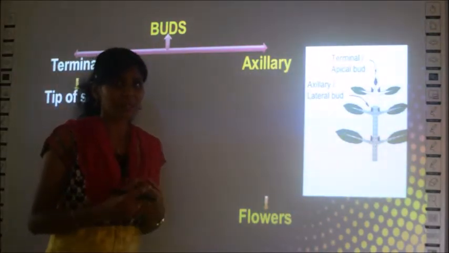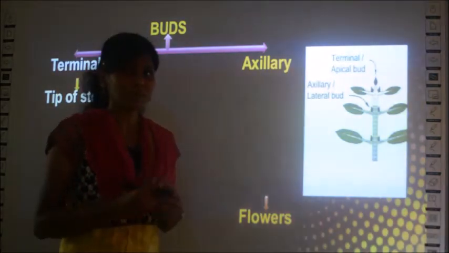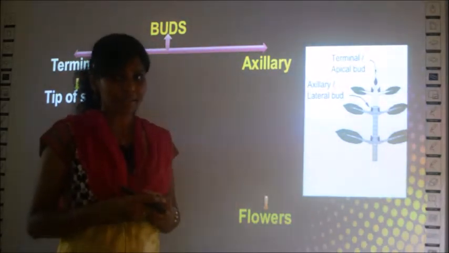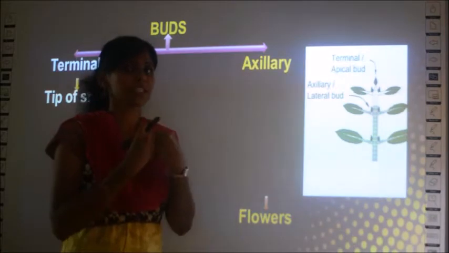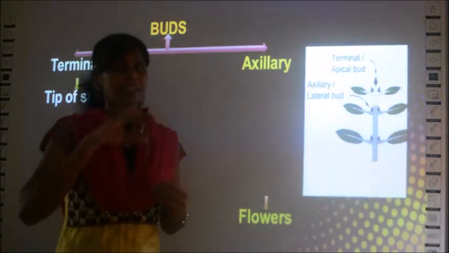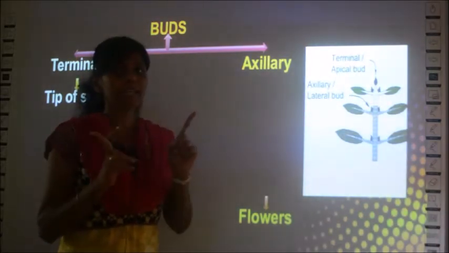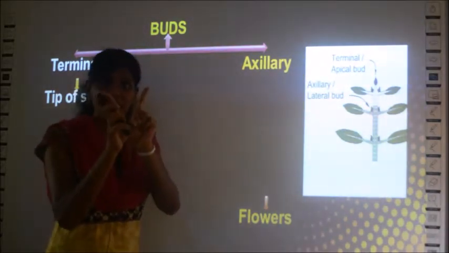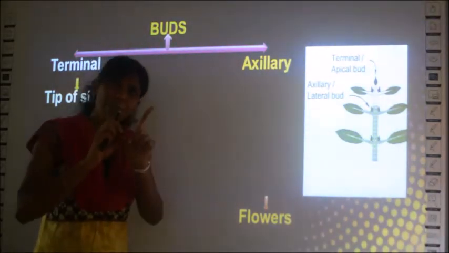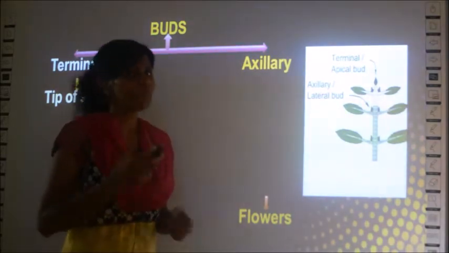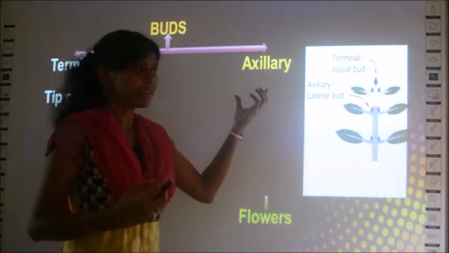What is an axillary bud? Where are they present? Just now I told you about two terms, nodes and leaf axil. So if a bud is present in the axil, that is in the angle between the leaf and the stem, do you remember? Axil is the angle between a leaf and a stem. So if a bud is present in that area, you call it an axillary bud.